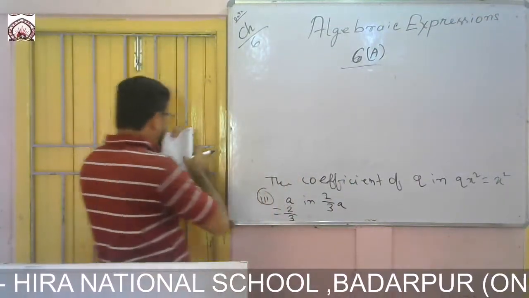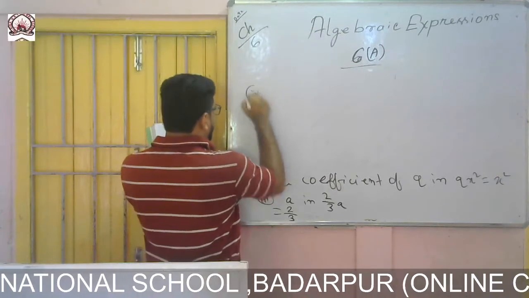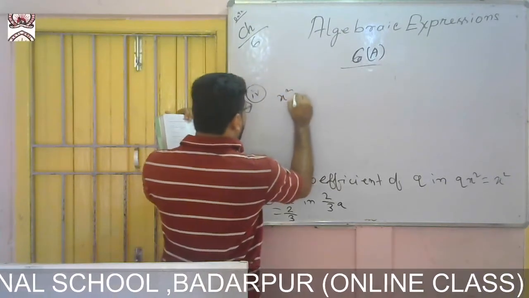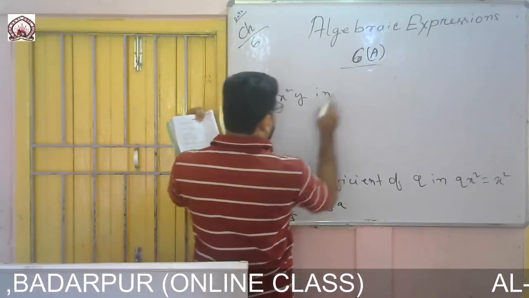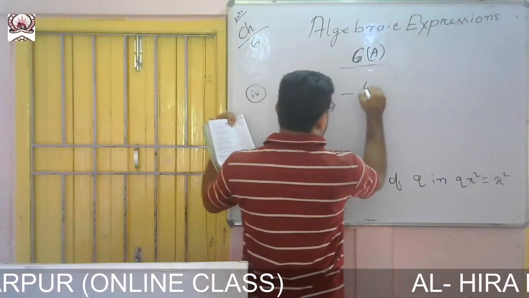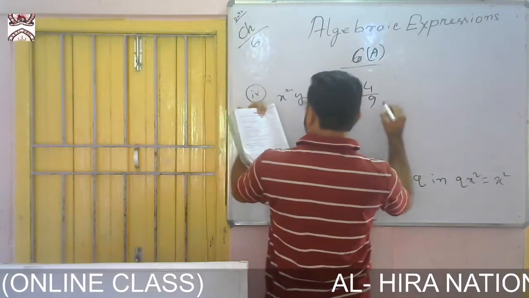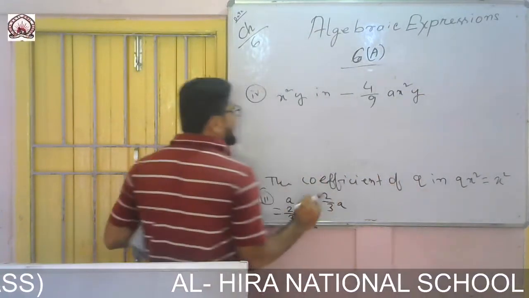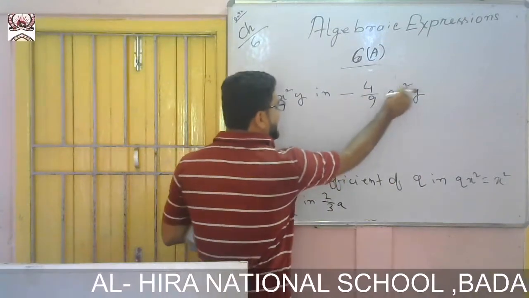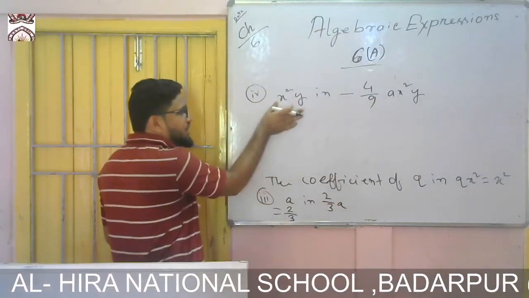Now come to question number 4. What is there? x square y in minus 4 by 9a x square y. That means in this term, you have to find the coefficient of x square y.